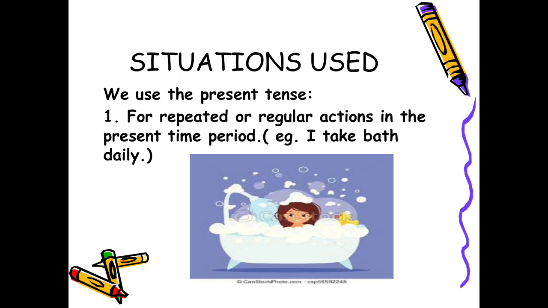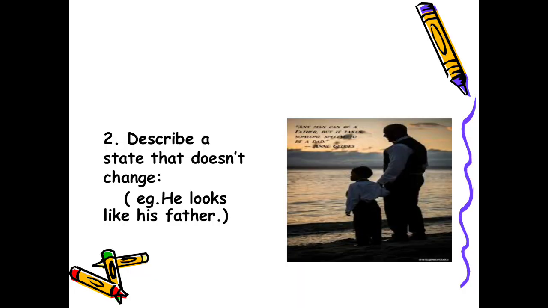What are the situations in which we are going to use the simple present tense? We use the present tense for repeated or regular actions in the present time period. You have been practicing it for the past also, but you are continuing it in the time period when you are speaking. So, I take a bath daily. That is the first example, some regular action. Next, you're going to describe a state that doesn't change.